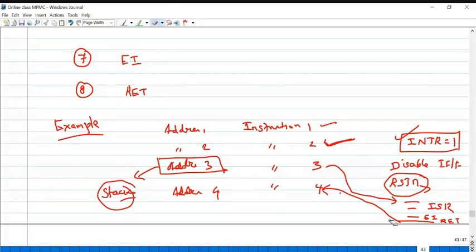The microprocessor retrieves the address information from the stack and starts executing the third instruction, and then normal operations. So this is how the microprocessor handles interrupts with respect to the INTR signal we studied. So RSTN is similar to a single byte call instruction.